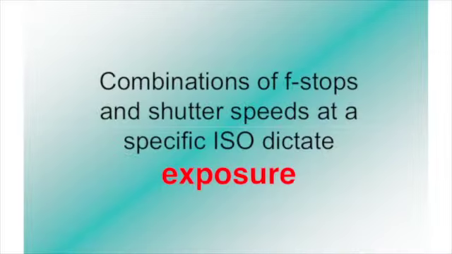Combinations of f-stops, in other words, your aperture settings, and shutter speeds will make up your exposure for a given ISO. Now, folks, there's really an understanding and a relationship that is required with this. If you have a very large aperture, it lets in a lot of light. For the same ISO, you would have to shorten the duration of your shutter opening for a specific exposure.